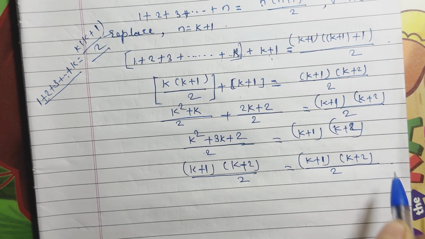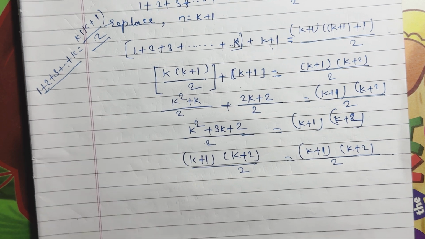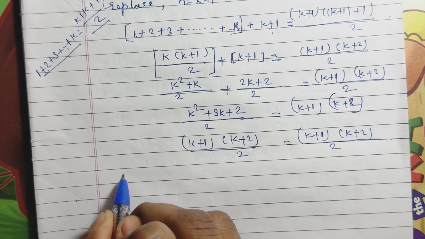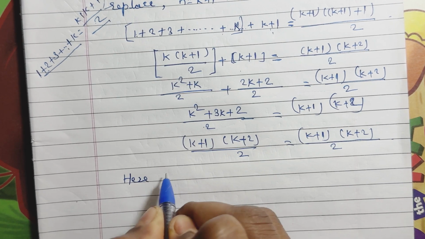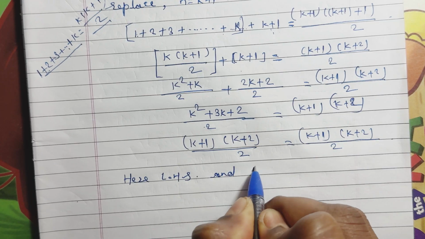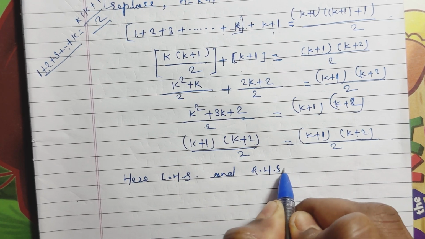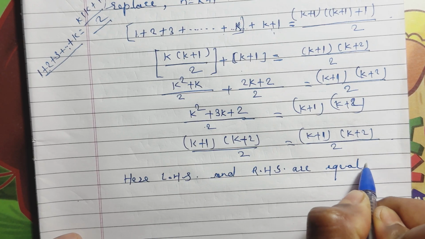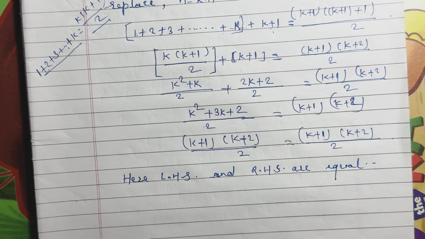Okay, this one is our succession stage. Now see that both LHS and RHS, left hand side and right hand side, are equal.